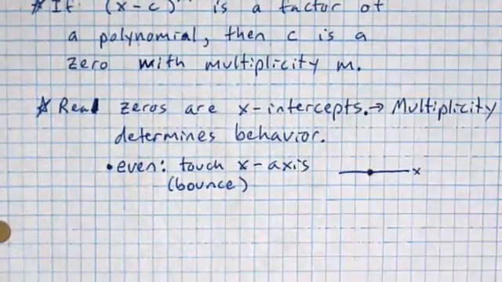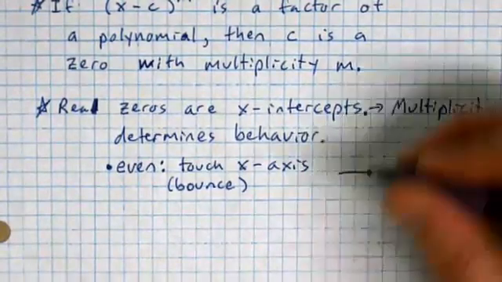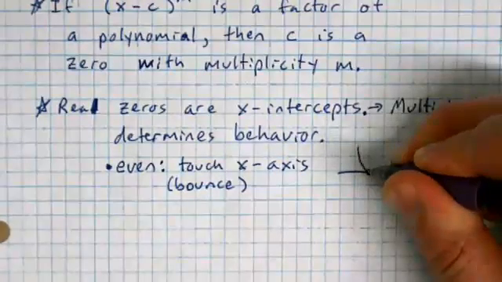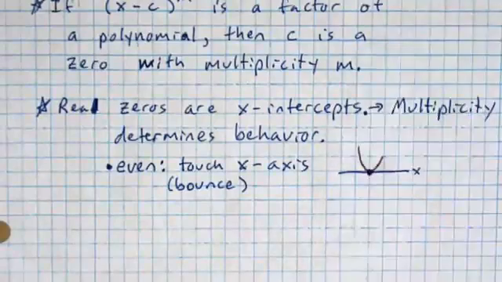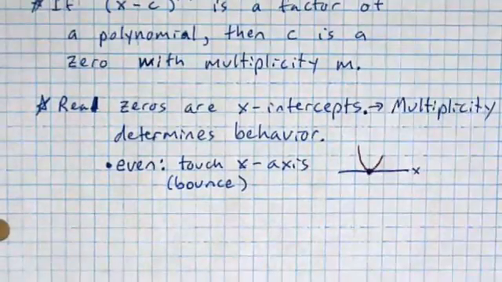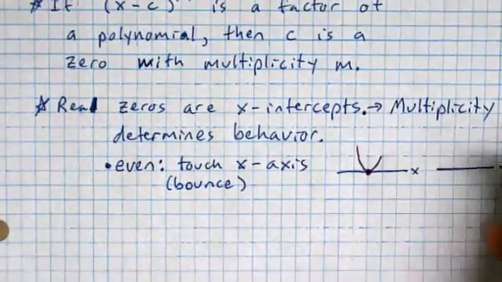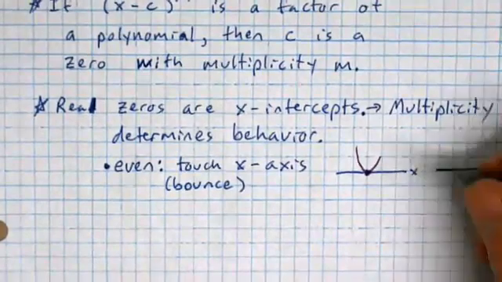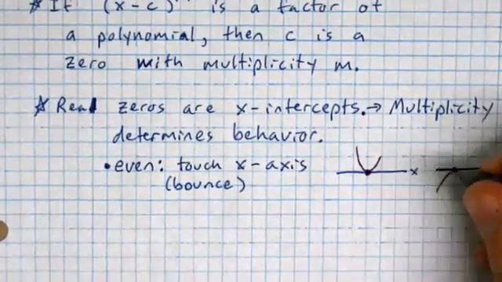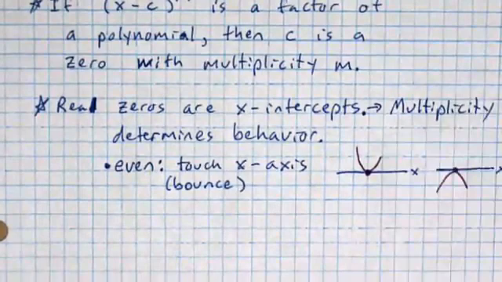We know if there's a zero, it's going to cause an x-intercept, right? But if it's even multiplicity, the graph is not going to cut through the x-axis, it's going to bounce off it at that point. Now, just because it's even doesn't mean it's going to be bouncing like that. It's possible that it could be coming up from below and bouncing off. But it's not going to cross over the x-axis. It's going to go right up to it, hit it, bounce off, and head the other direction.